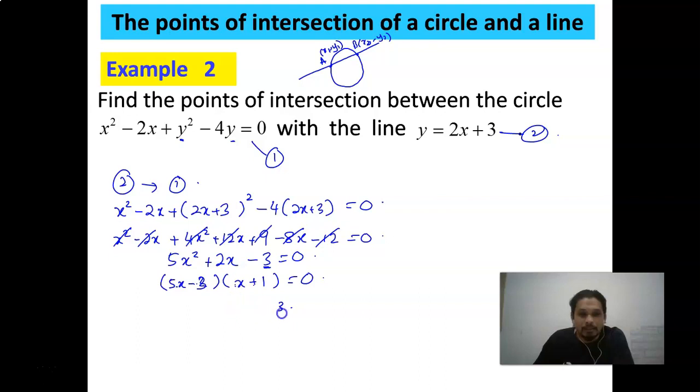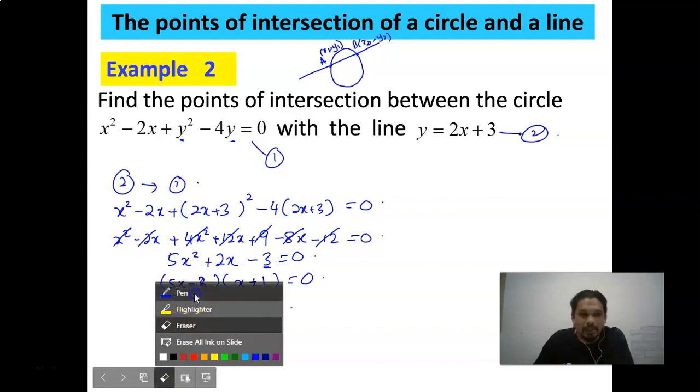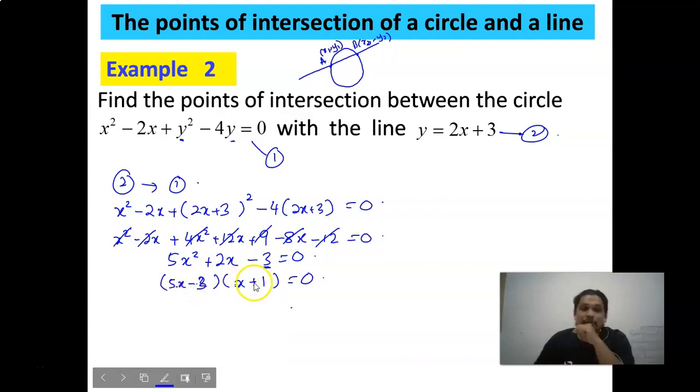I do hope all of you still remember the idea of how we tackle this. With 5x squared, usually we look at a quadratic equation with the coefficient of x squared equal to 1, but right now it is 5. We have no other choices; we only have 5x times x to get 5x squared.